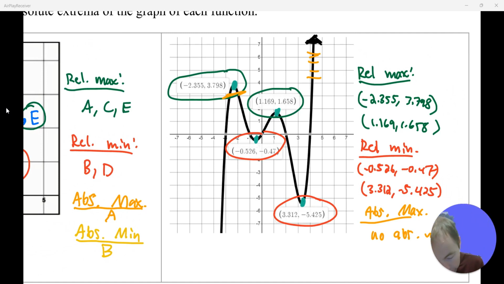Similarly, if we were to assume that the arrow is also on this side of the graph, then it's going on forever. And so there's going to be cases as well where you could not have an absolute minimum existing. And so that would also be the case with this graph. Okay. There are sometimes graphs where maybe you will have an absolute maximum, but no absolute minimum, right?